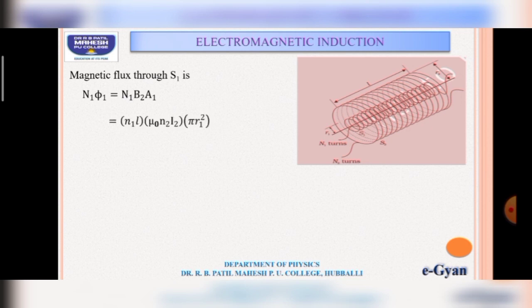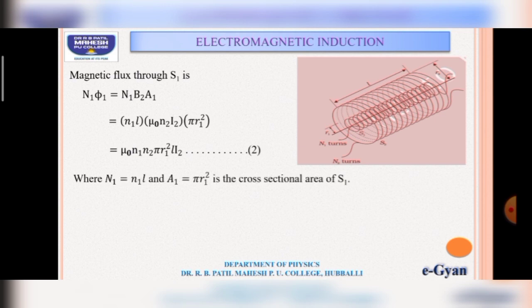Then the above equation we can write as n1 L into mu naught n2 I2 into pi R1 square, that is equal to mu naught n1 n2 pi R1 square into L into I2. Let this be equation 2, where N1 is equal to small n1 into L and A1 is equal to pi R1 square, the cross-sectional area of S1.